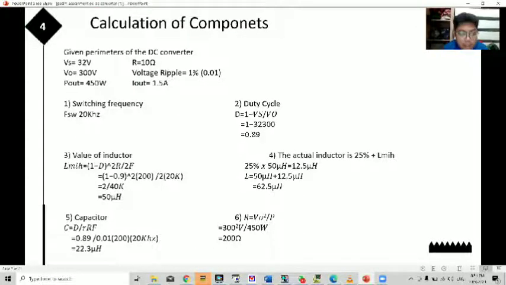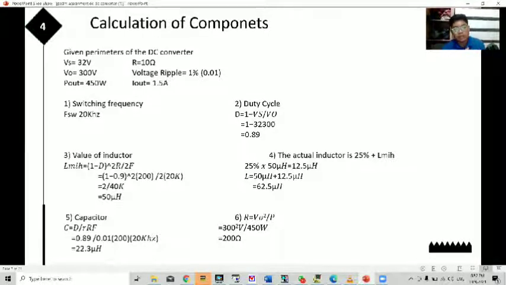This is the calculation that we have made in the report, the calculation of the components. Our lecturer gave different values of V out. We have a voltage supply of 32 volts.